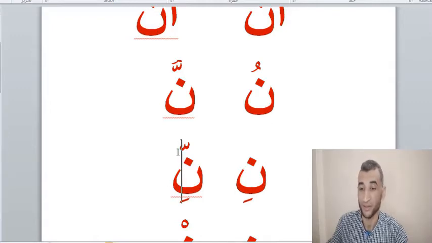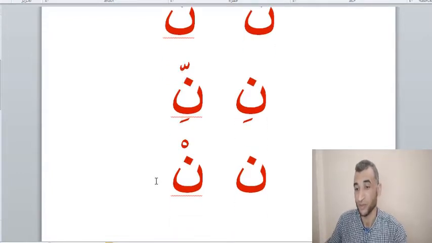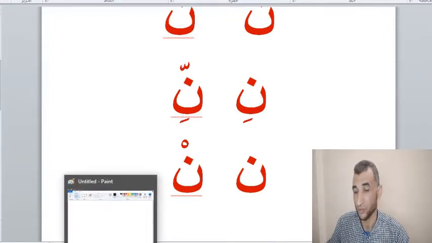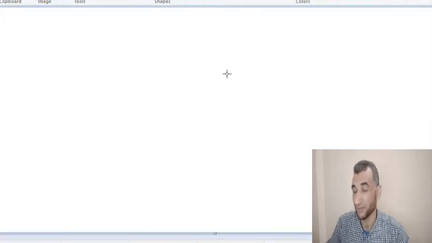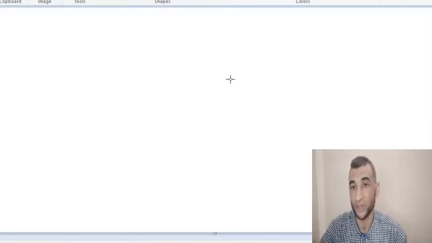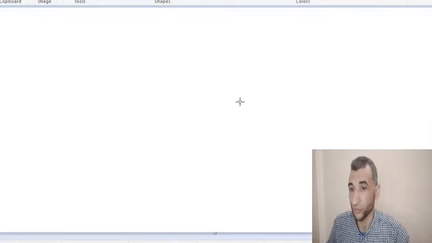And here you can see the stress above the letter Nun, and the short vowel of Kasra under the letter Nun. Notice that you sometimes find in the Holy Quran that this letter Nun has the stress and the short vowel of Kasra directly under the stress. So let us move to the program Paint here.